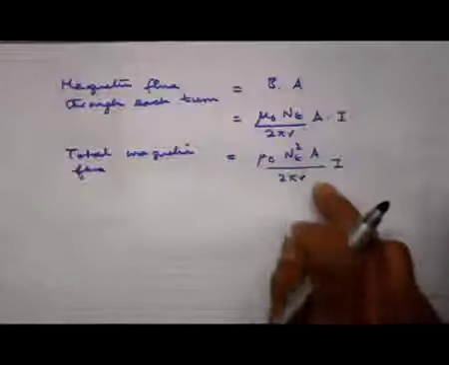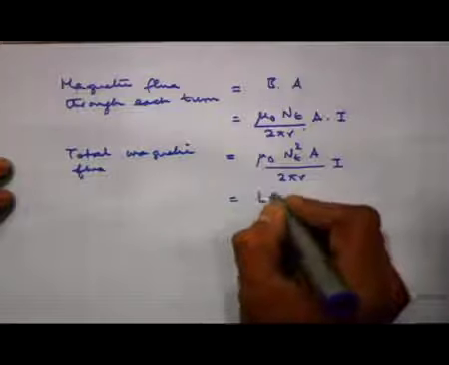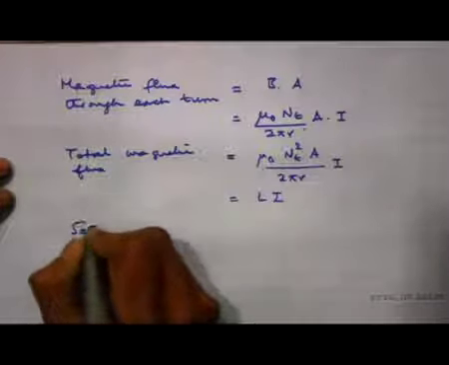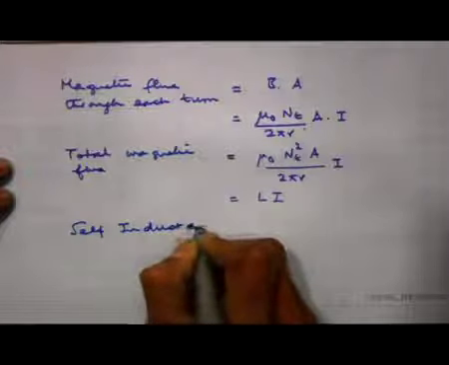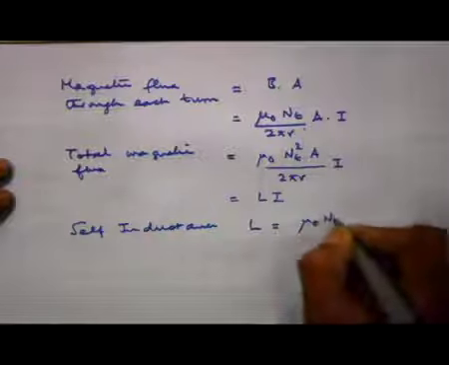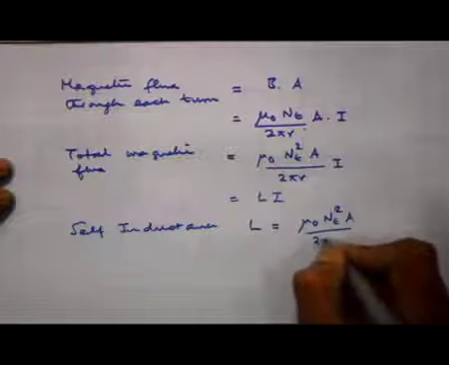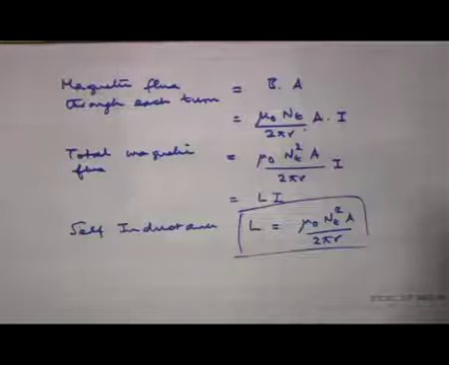So, the total flux enclosed is this, and this gives me the self inductance, because I will write this as L times I, and so self inductance L is equal to mu naught nt square A by 2 pi r. So, that is the self inductance of a toroid.